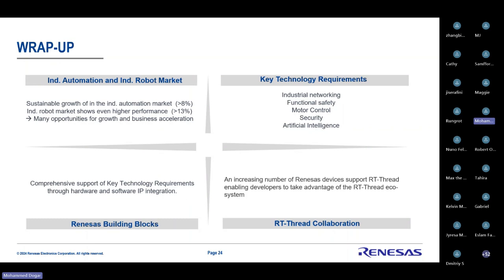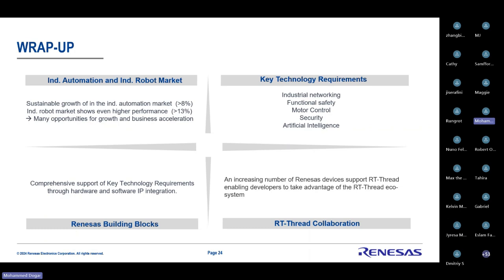As we move into the next era of automation and also the implementation of AI, I think this is going to give a lot of opportunity for us as silicon vendors to provide solutions for smart devices, but also for our ecosystem and customers to work together to create this smart society.